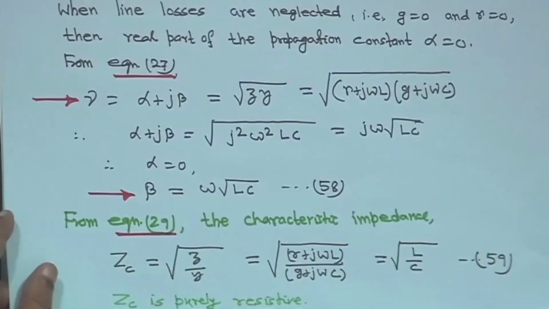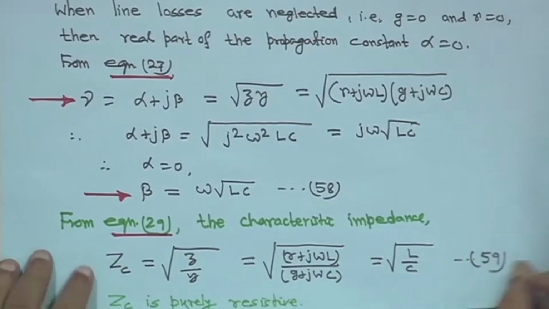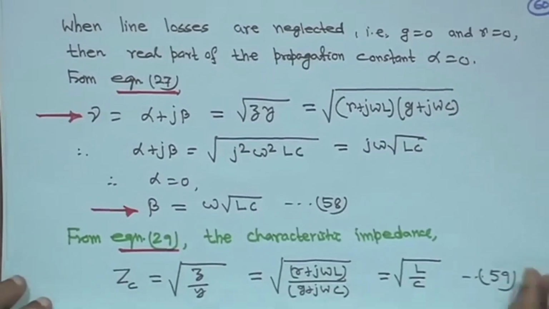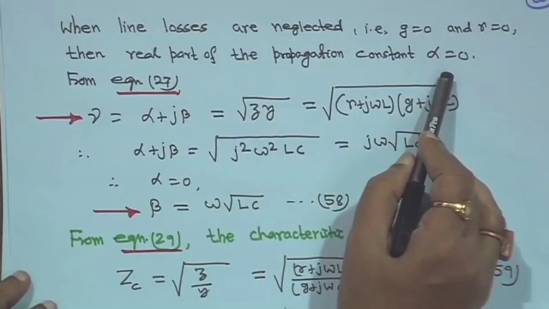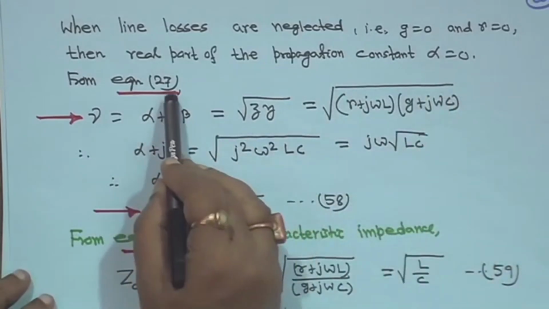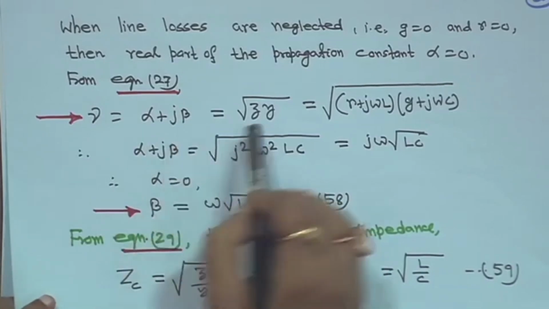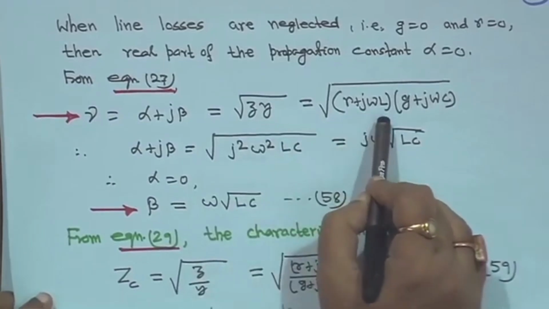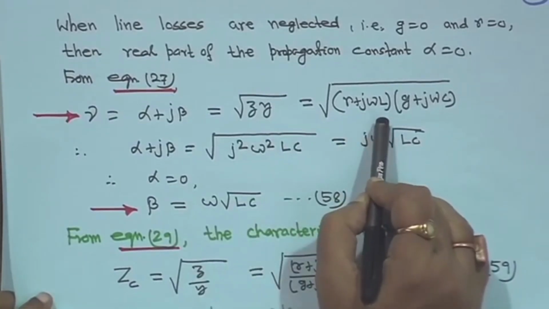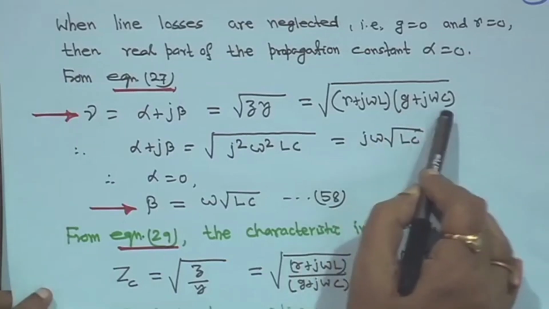While line losses are neglected, that means G should be 0 and R should be 0. In that case, the real part of the propagation constant, alpha, will become 0. From equation 27, gamma is equal to alpha plus j beta, that is equal to root over small z small y, that is root over (r plus j omega L) into (g plus j omega C).